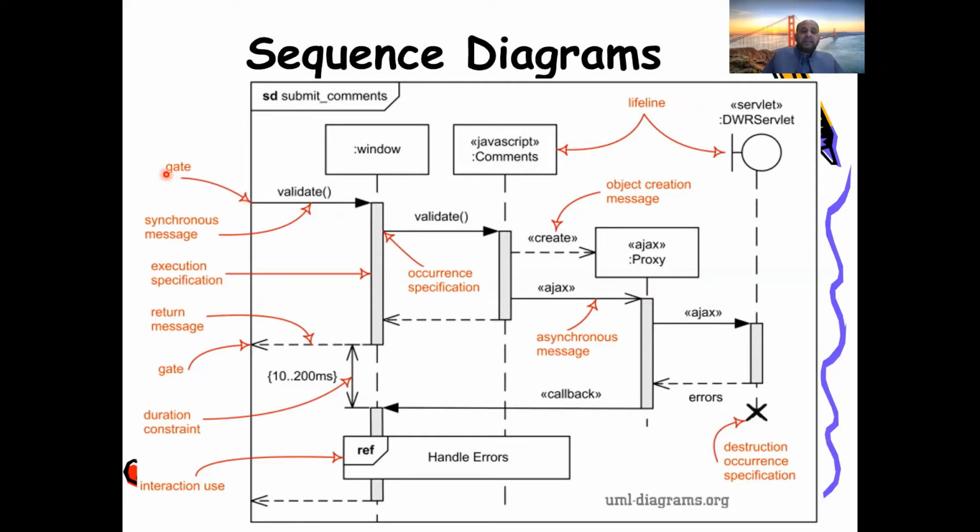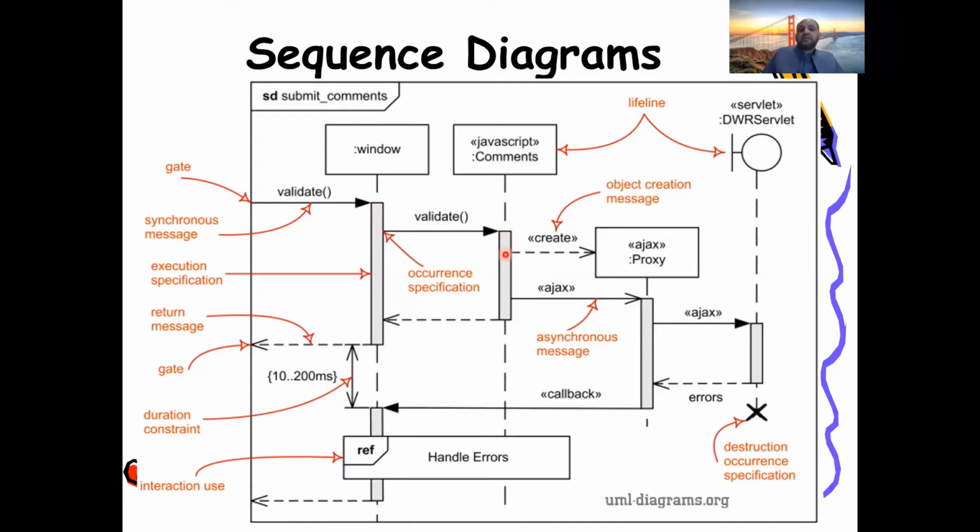Now this is a gate. It means that this is a point from where the sequence diagram initiates. A message enters into the sequence diagram, and then from here the sequence diagram starts. So validate message is sent to Windows object. As a result, Windows object sends validate message to comments.